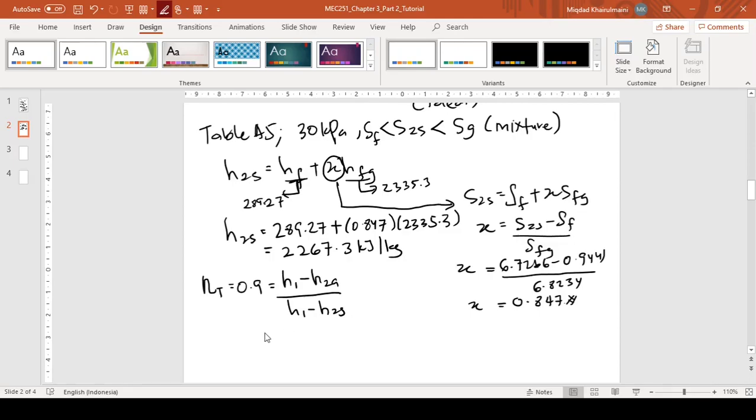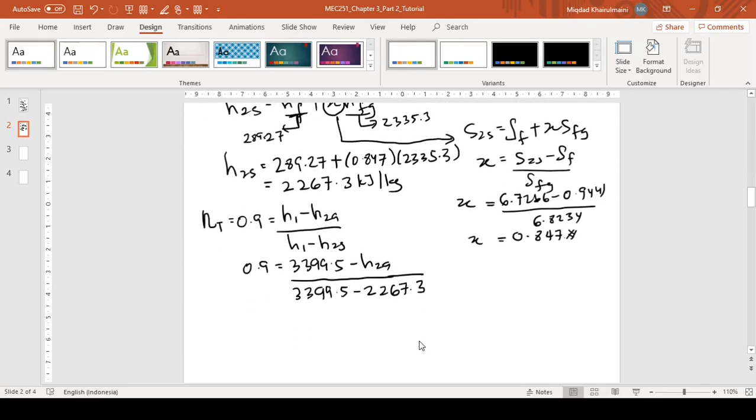So we can substitute the values to find h2a. h1 is 3399.5, h2a we want to calculate, h2s is 2267.3.